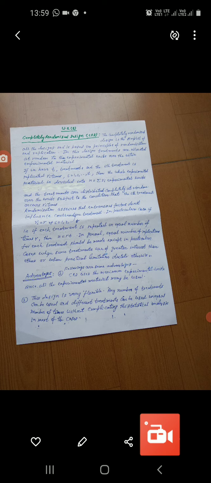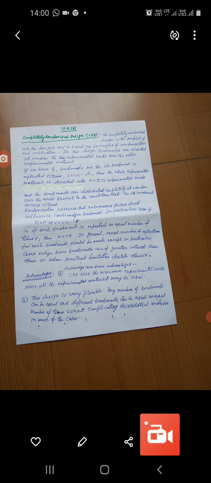In general, an equal number of replications for each treatment should be made, except in particular cases when some treatments are of greater interest than others, or when practical limitations dictate otherwise.